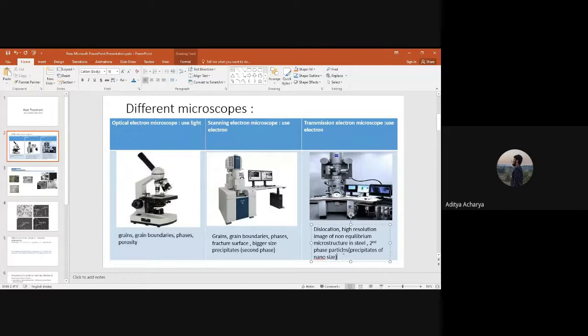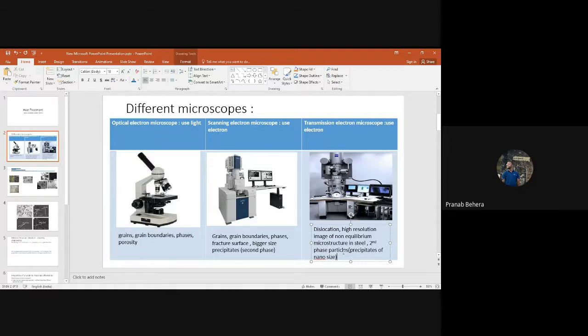You can just have a look at the precipitates we have. Spherical precipitates, elongated precipitates. This is a cubed shape. Is this visible to everyone? Yes, you can see cubed shape precipitates, some rectangular shape precipitates.